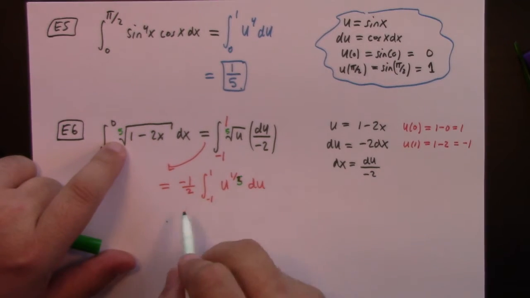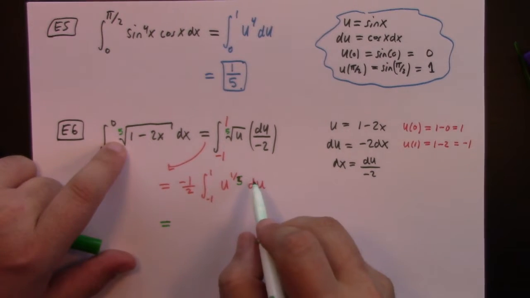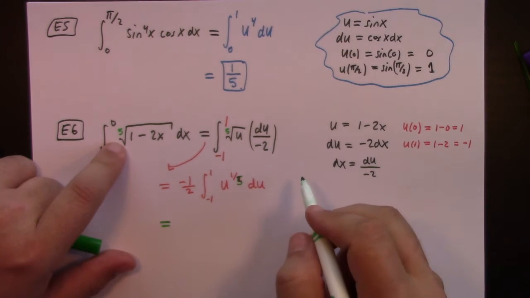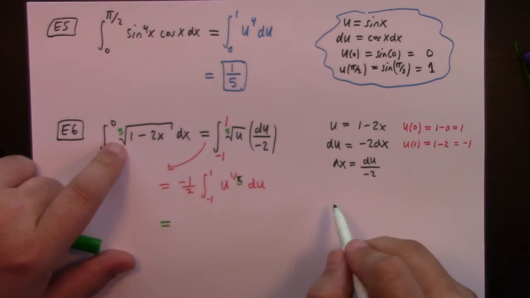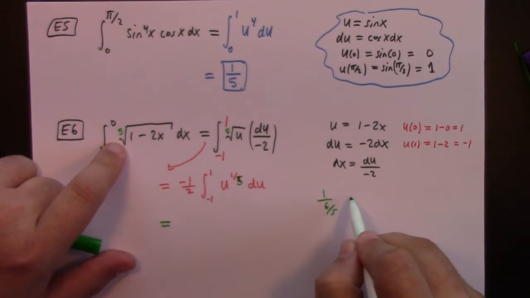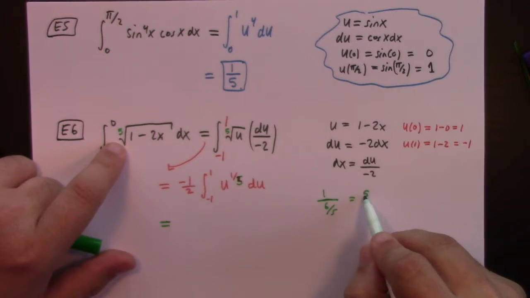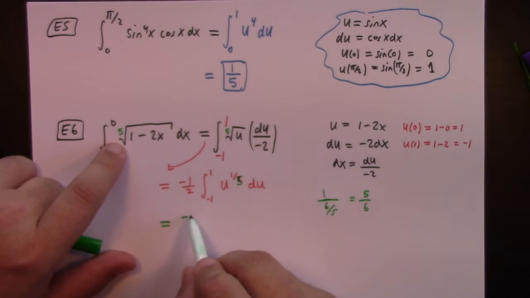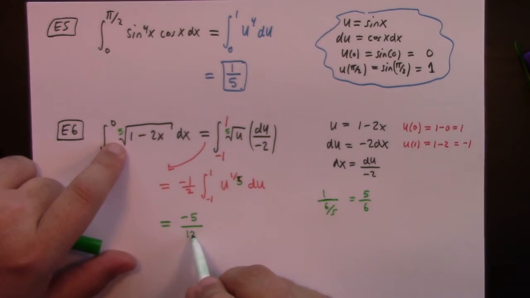Yay! All right. So 1/5 plus 1 is 6/5. 1 over 6/5 is what? 5/6, right? So 5/6 times minus 1/2 gives me minus 5 over 12.